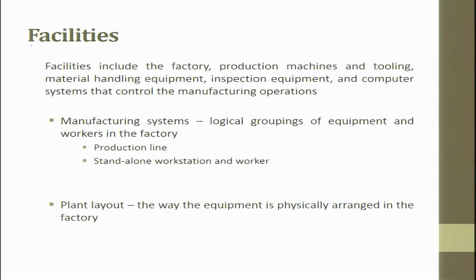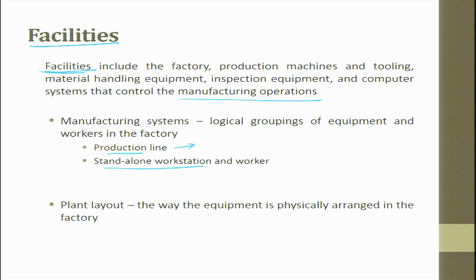So, what are facilities? Facilities include the factory, production machines, tooling, material handling equipment, inspection equipment, and computer systems that control the manufacturing operation. These are called facilities in the manufacturing scenario. Manufacturing systems are the logical grouping of equipment and workers in the factory: production lines and standalone machines.